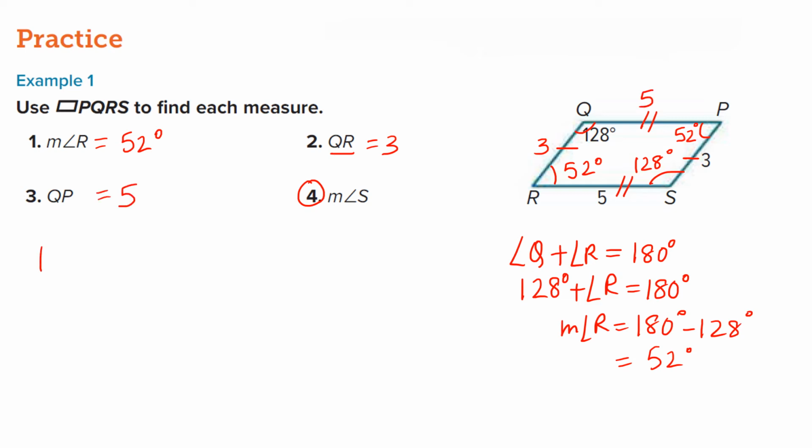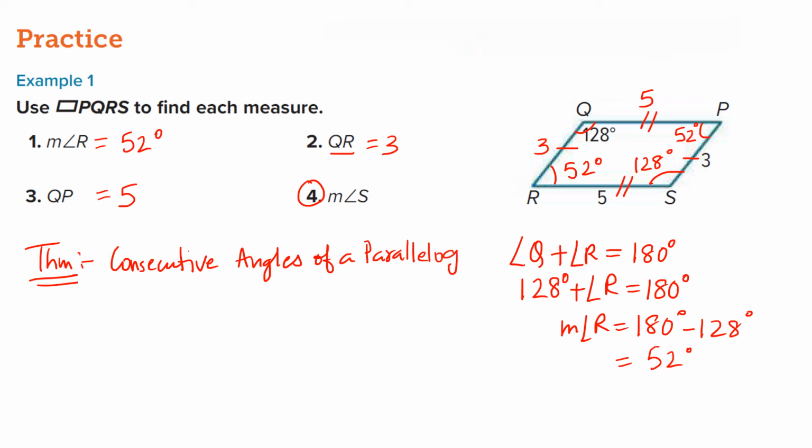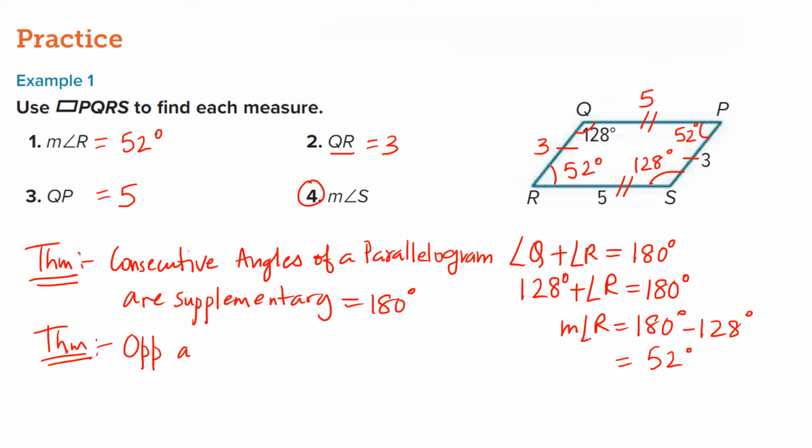So which theorems did we use? We used the theorem that consecutive angles of a parallelogram are supplementary. Supplementary means when you add them, their sum is going to be 180 degrees. Then we used the theorem that opposite angles of a parallelogram are equal.